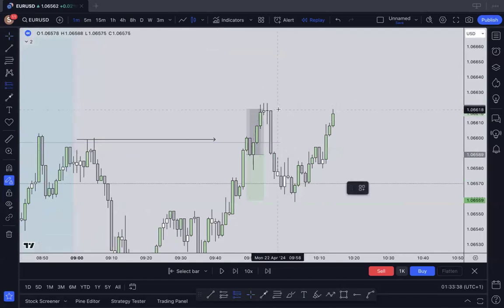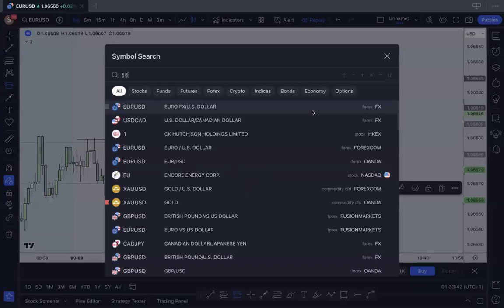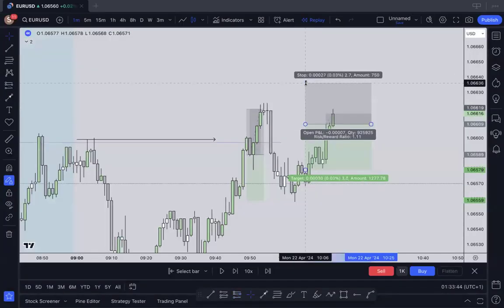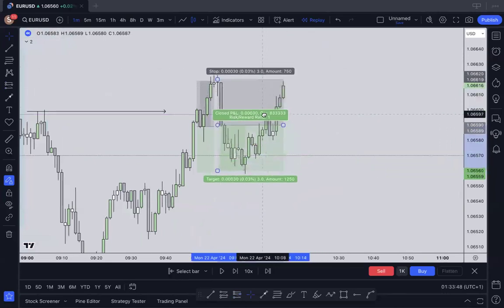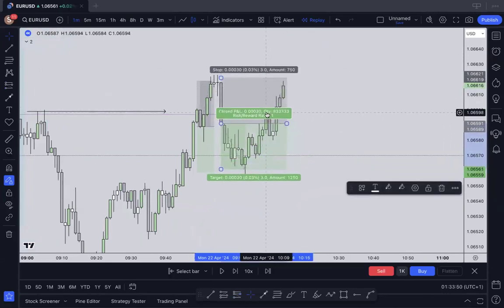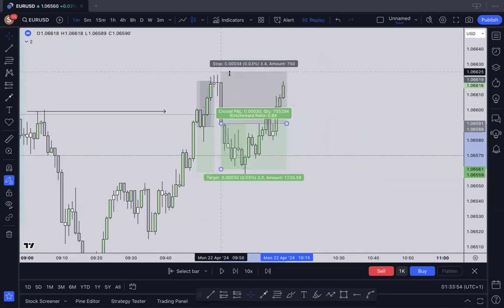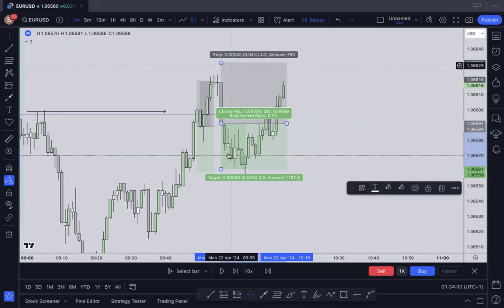Now, where would you be looking to enter on this? Now, you can either look to enter on the liquidity candle here, okay, and have a 3 pip stop loss, or you can look to enter here on the engulfing at market value. And there you would have maybe a 4 pip stop loss just to cover the high. Okay.